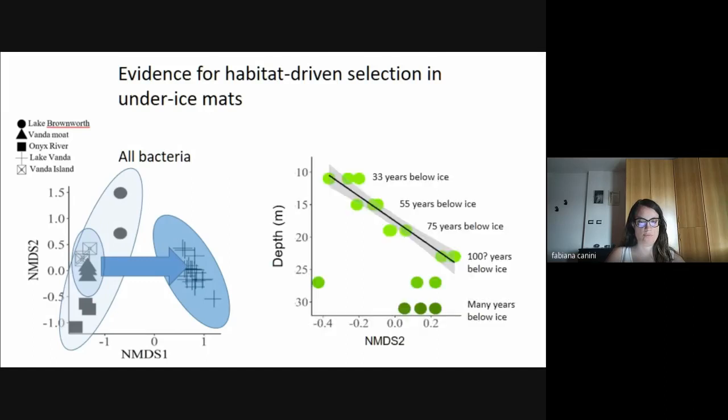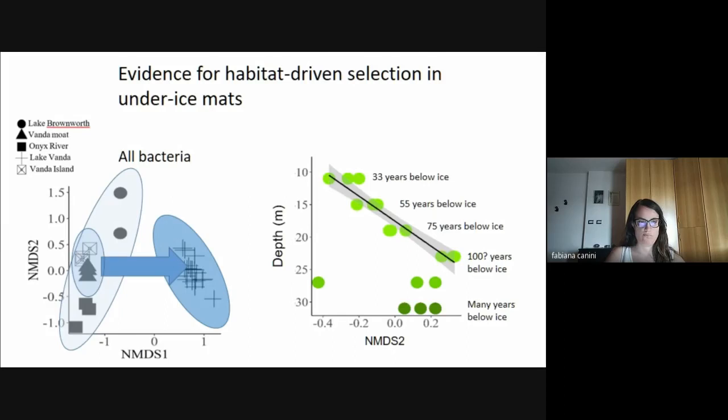If we plot axis 2 score against depth, we can again see a well-organized pattern, where we have a succession of community composition as we go down the lake, which we can look at either as a long duration succession, or as a response to the changing environment as we go deeper, lower irradiance in particular.